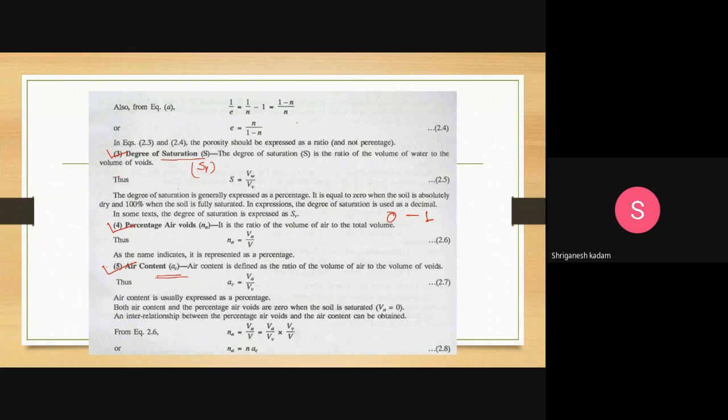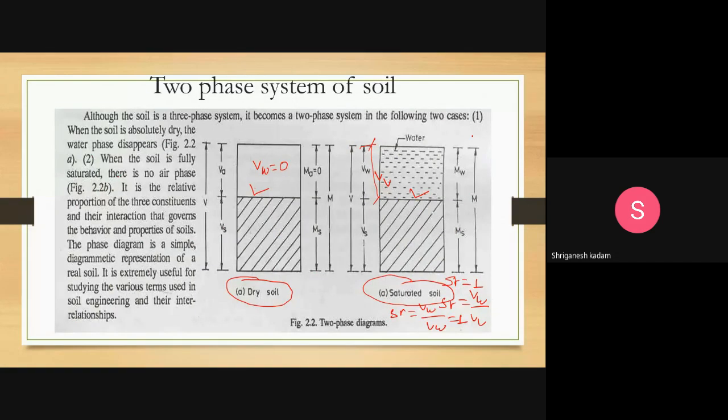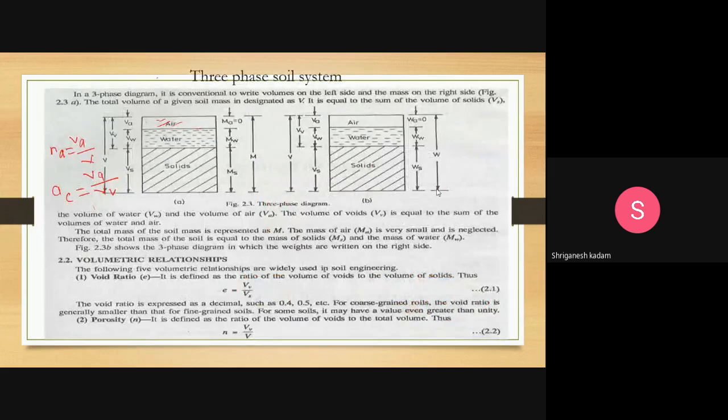Both air content and percentage air voids are zero when the soil is saturated. Okay, when the soil is saturated, is there air here? In this case, if the soil is saturated, the air is zero. The volume of air is zero. So percent air void Na, if it becomes zero, then percent air void is zero, and air content also zero, because volume of air is zero.